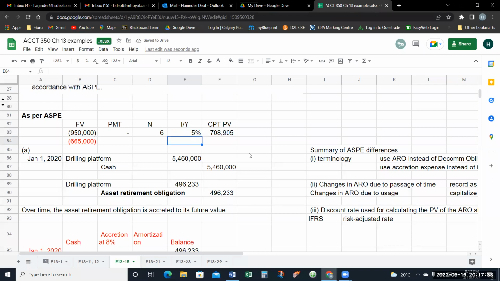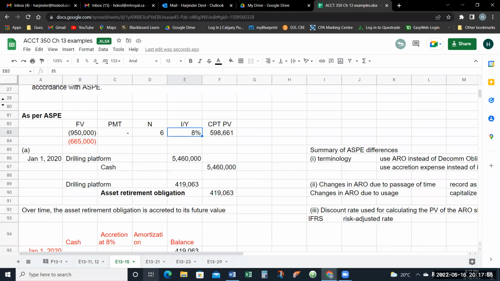So the question in the textbook was not quite reflective of the reporting standards. Under ASPE, we are supposed to use a risk-free rate when we calculate the asset retirement obligation. Otherwise, I guess we are on good footing here.